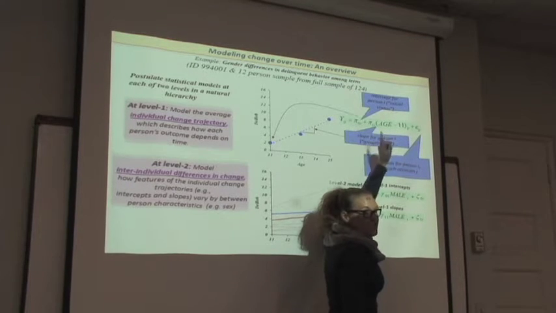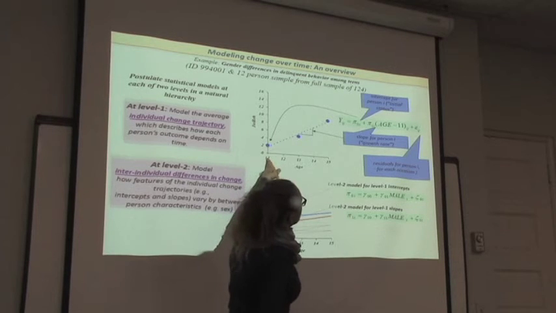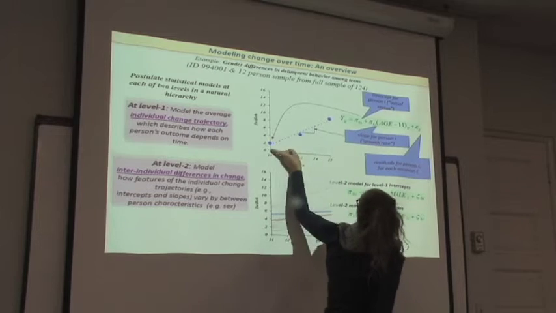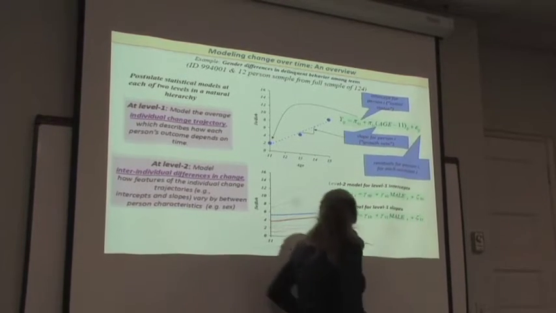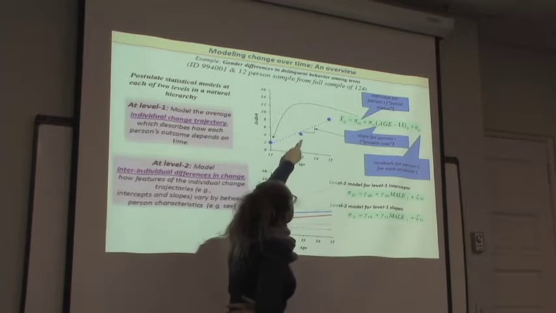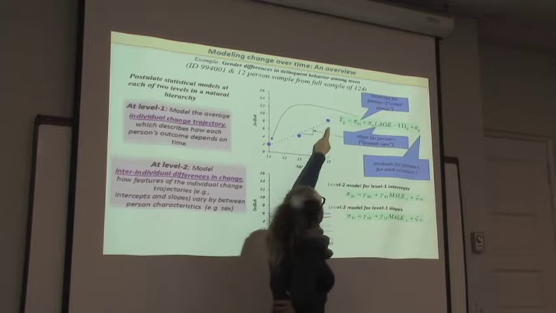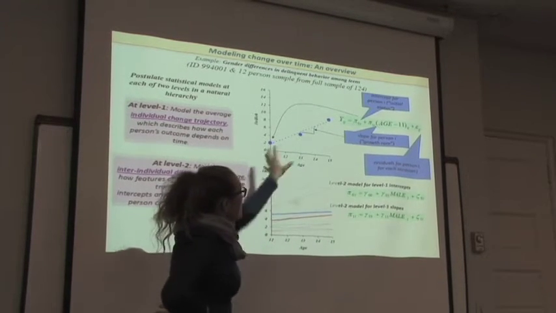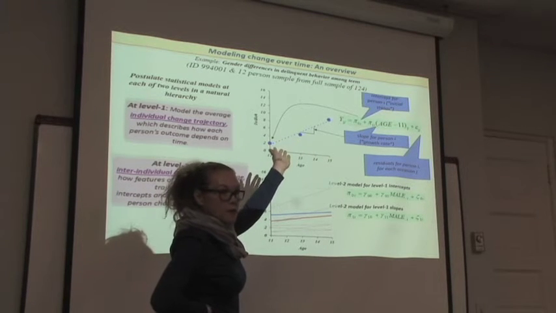This data set has age centered at 11, so we're starting at age 11, right? We're not starting at 0. And so this is the slope for age plus the error. And then the picture shows this little bit of error here. These are the bits of error. So that would be the equation for one kid, but that's the equation for all kids at level 1.